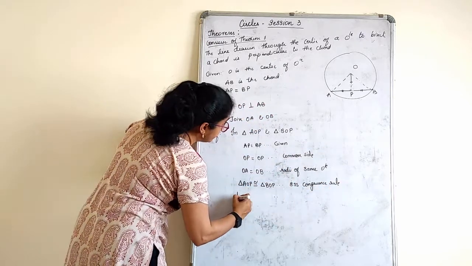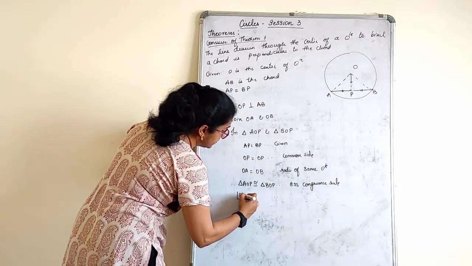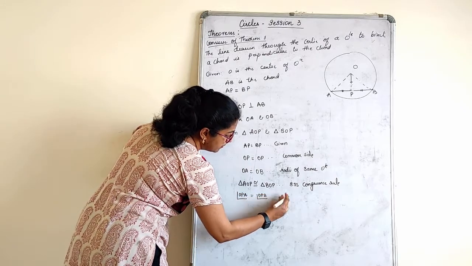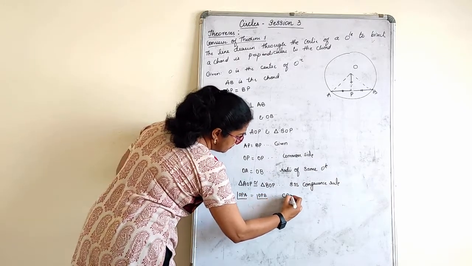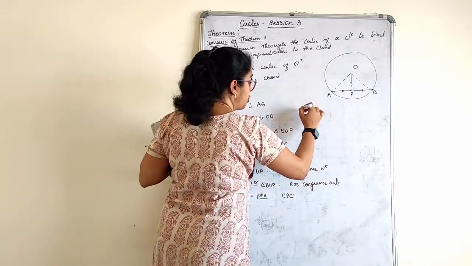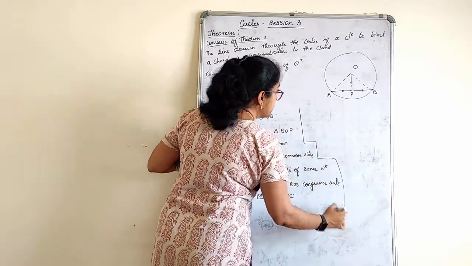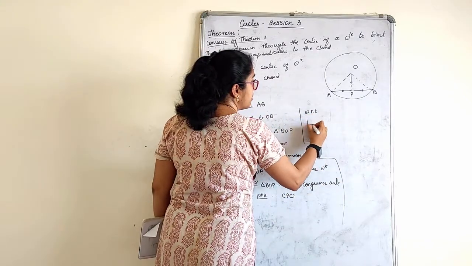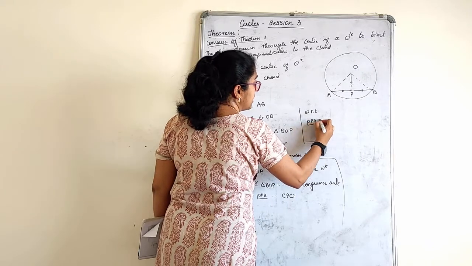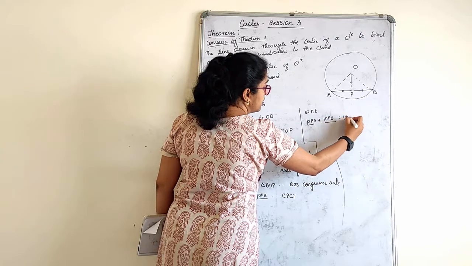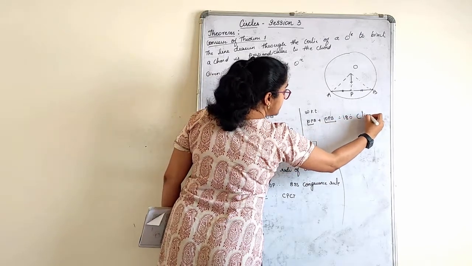From this, I can tell that angle OPA is equal to angle OPB, CPCT. But 90 degree it is not given. Now next part, what do we do now? Since it's a linear pair, we know that angle OPA plus angle OPB is equal to 180, linear pair.